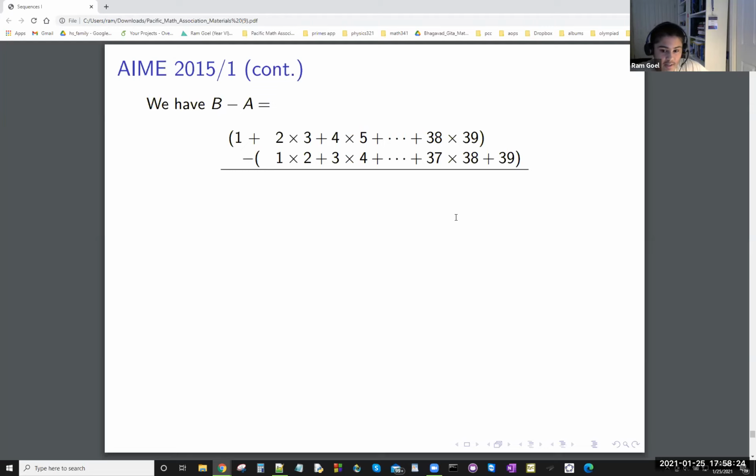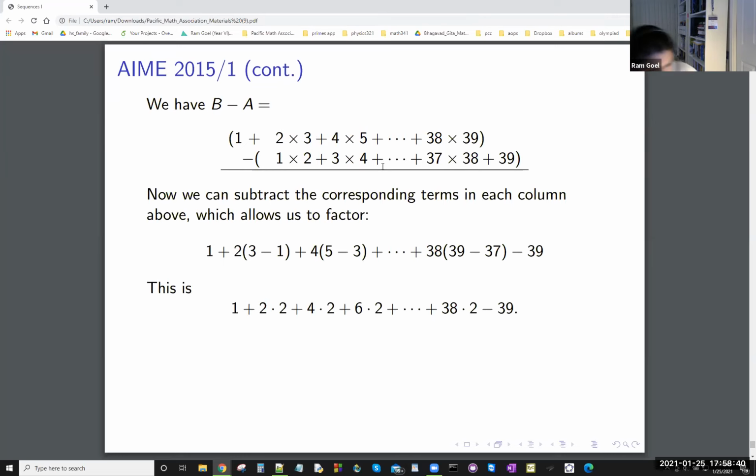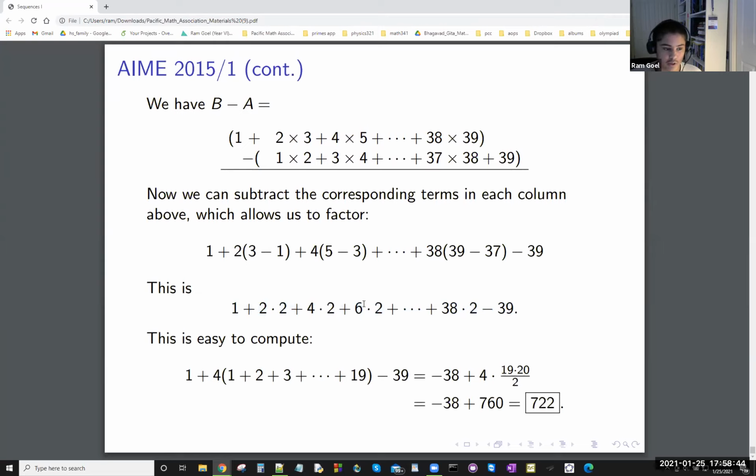And then the main idea is that when you subtract, you just subtract each column and then numbers factor out. So you have like 2 times 3 minus 1, 4 times 5 minus 3, and so on. And then you can factor, and you get a very simple expression compared to what we've been dealing with, from which you can easily finish.